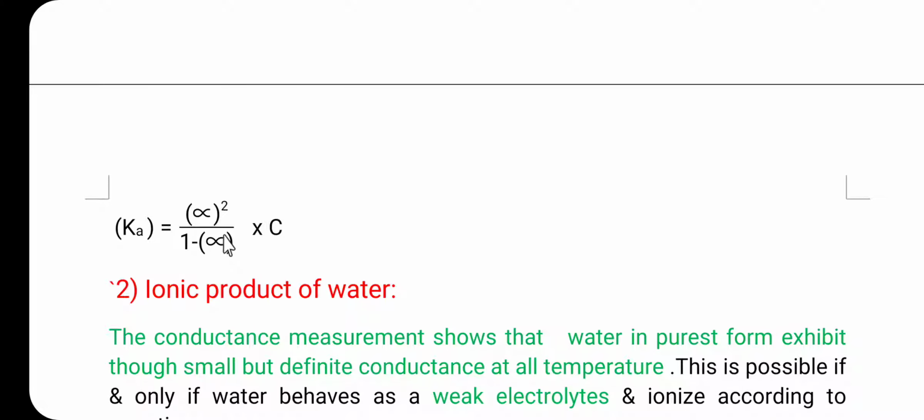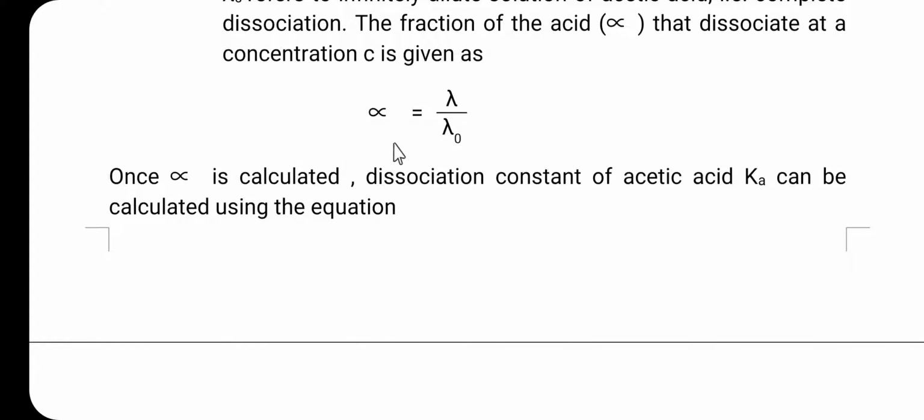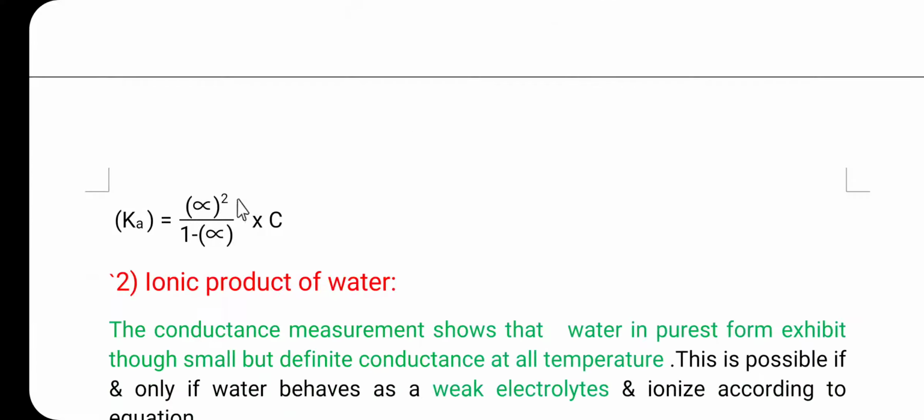K is equal to alpha square divided by 1 minus alpha, into C. The alpha, that is the degree of dissociation, is calculated by using the previous formula. The calculated value of alpha is substituted in this formula, and C is the concentration. So substituting the value of C and the degree of dissociation, the dissociation constant of the acetic acid is determined.